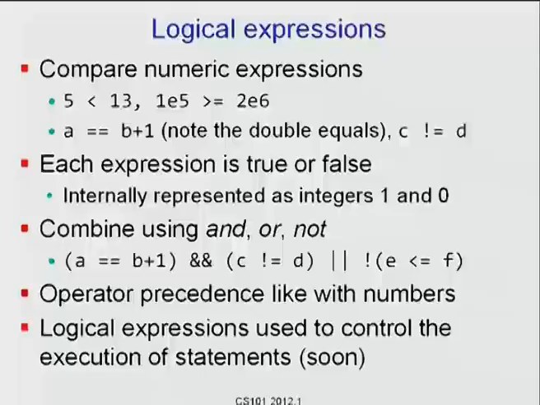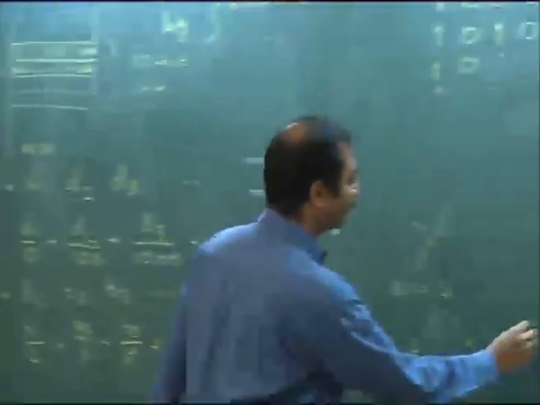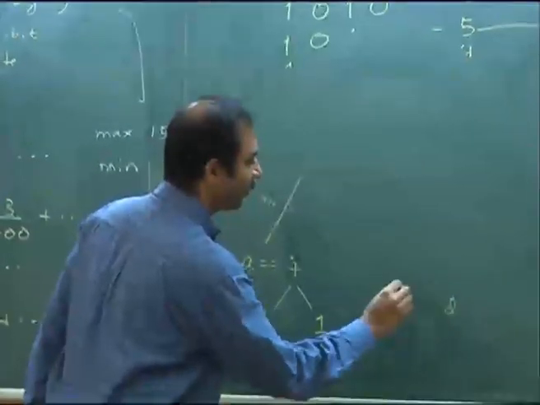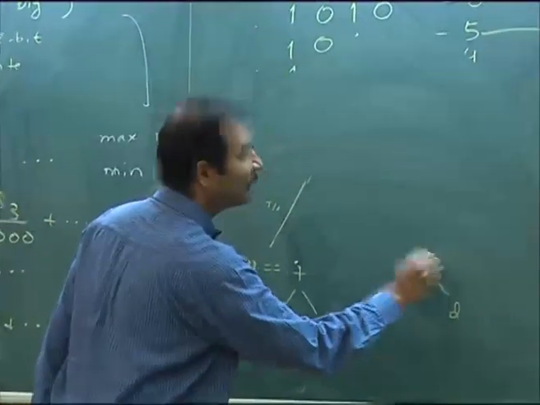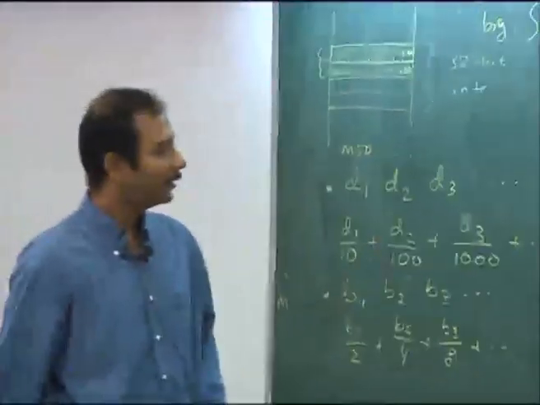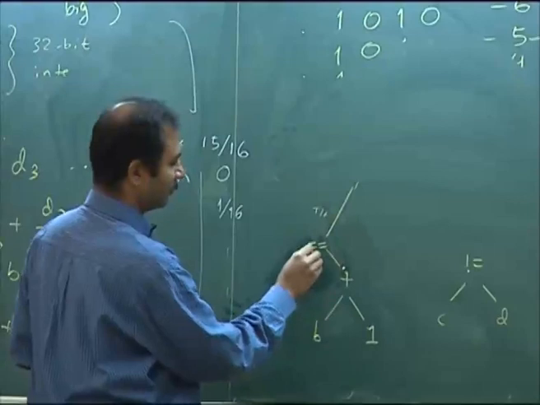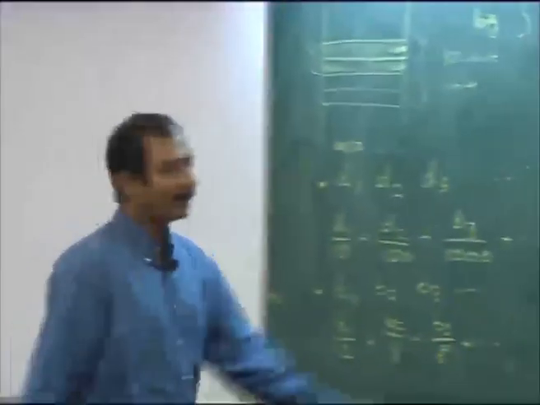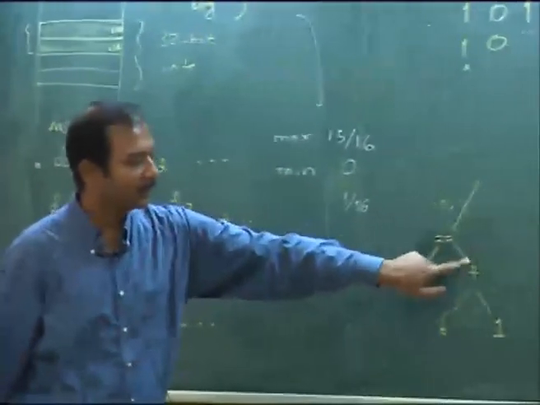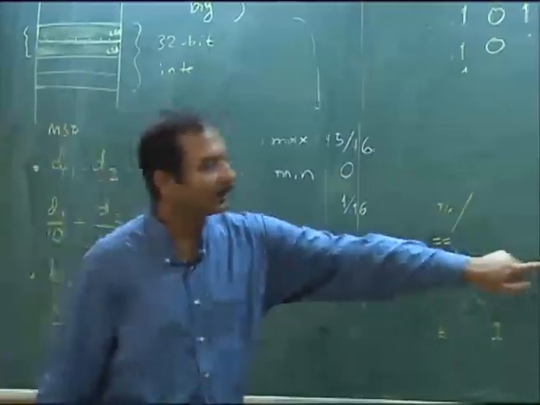Okay? The next thing I do is, okay, so there's a choice between and or, and binds stronger than or. So and will happen first. So now I'm comparing C and D to see if they're not equal. That's another Boolean expression, okay? That is a logical operator. This is an arithmetic operator. That's a logical operator.